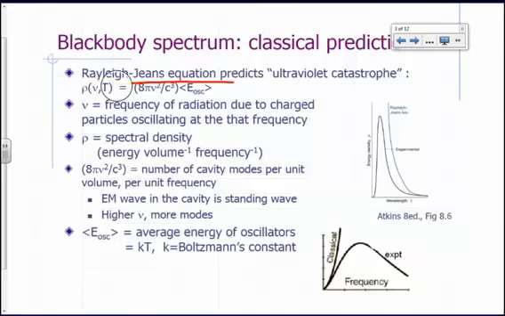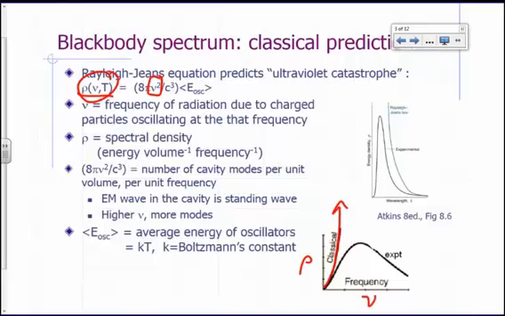If you plot the intensity of the radiation versus frequency, the analysis using classical mechanics shows that the spectral energy density increases as the square of the frequency. That's based on classical mechanics.